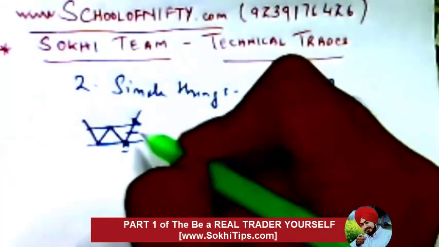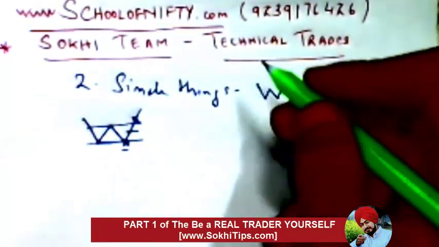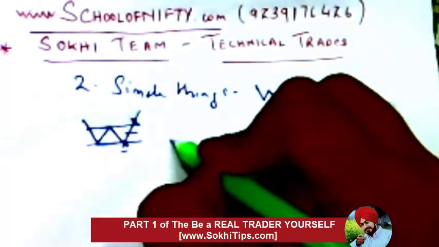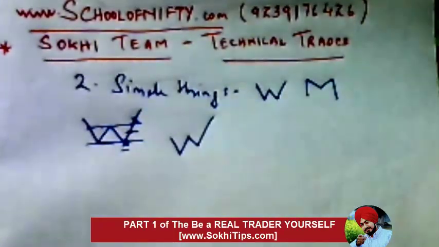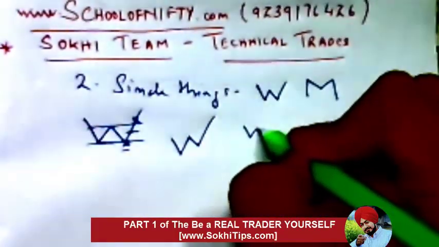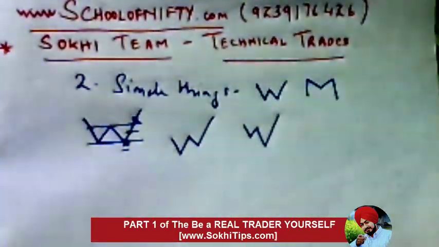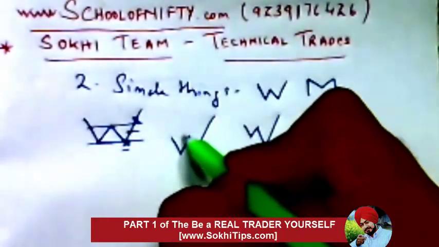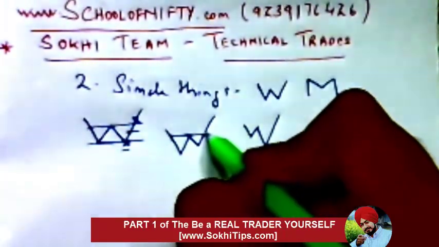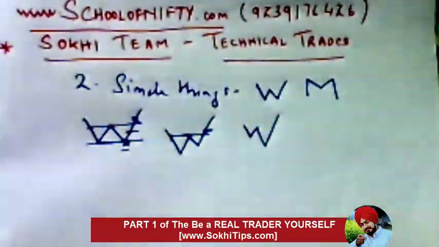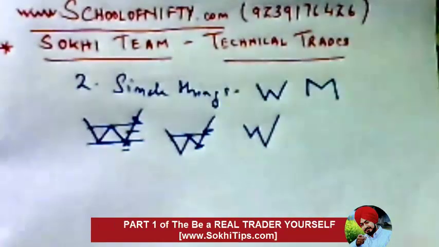Now the formation or the shape of W can vary, which means it can be a shape like this, right? And it can be a shape like this. So where to enter? Draw a line over here guys. Draw a line over here. You enter at this point. Fine. Stop loss this point. Fine.